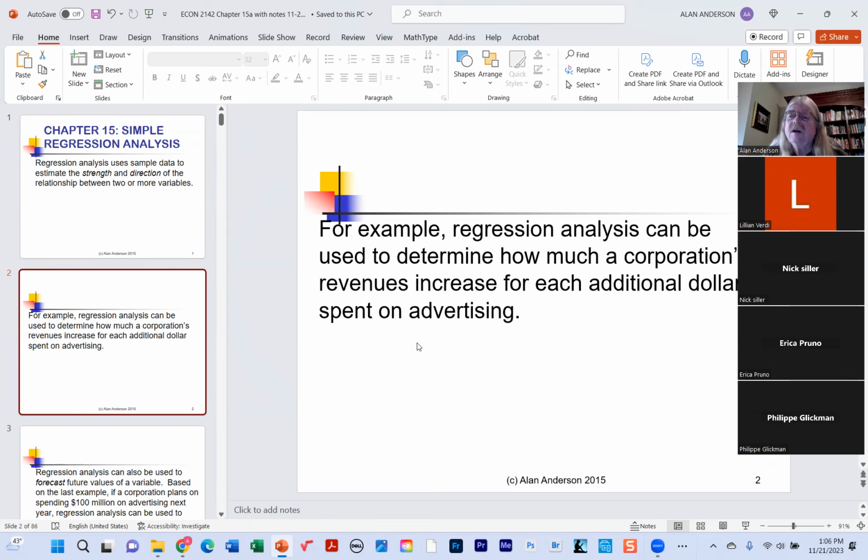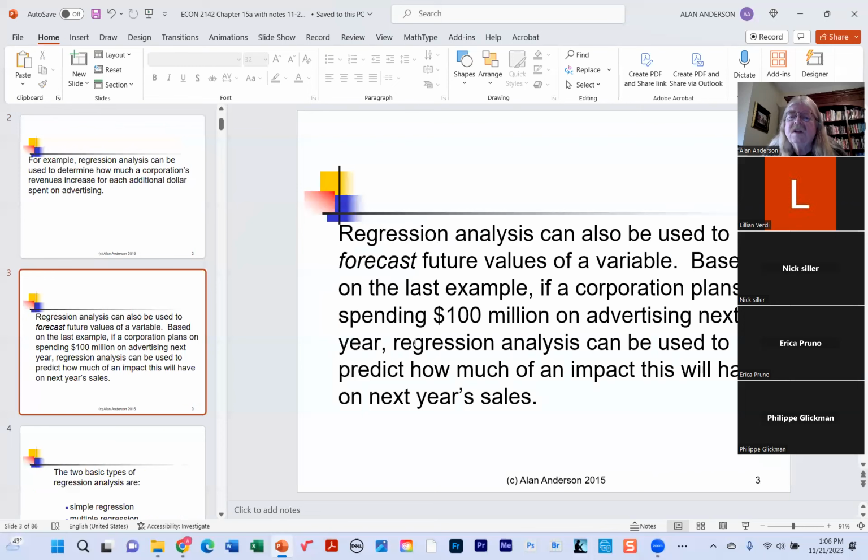We're trying to estimate a numerical relationship between two variables. Once that's done, we can now go ahead and do forecasting with our results. If they wanted to know, for example, based on past history, if we spend $100 million in advertising next year, what kind of addition to our profits can we expect? And so it's a very helpful way of explaining relationships, but also doing forecasting into the future.